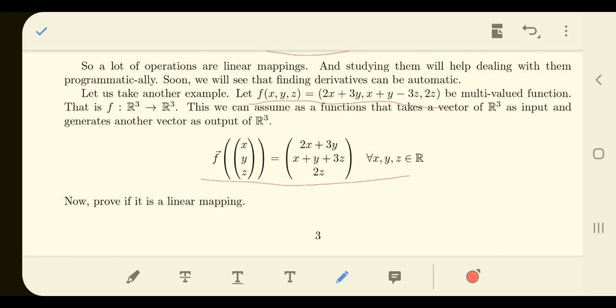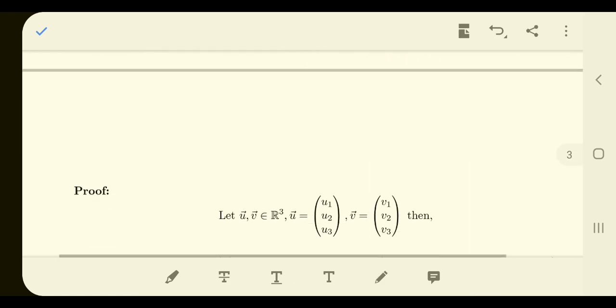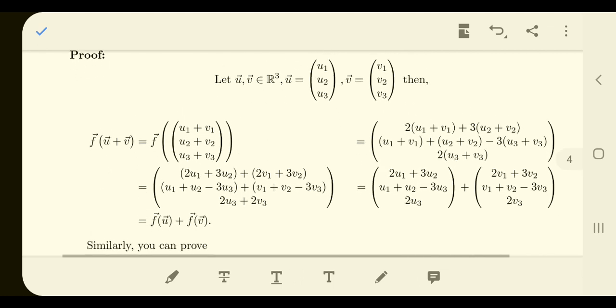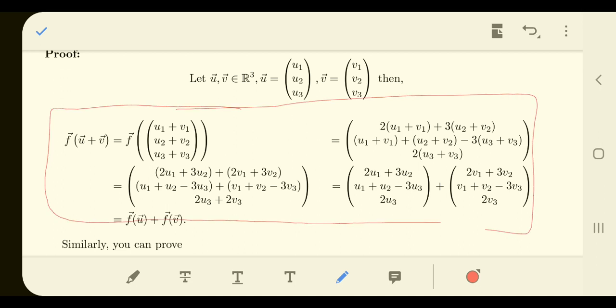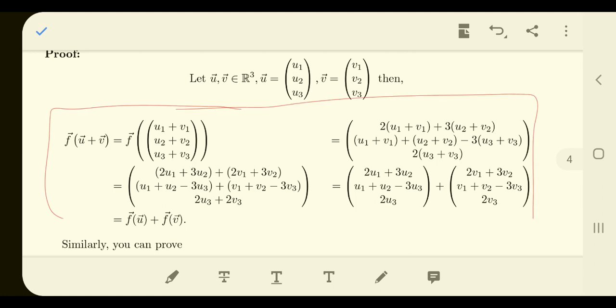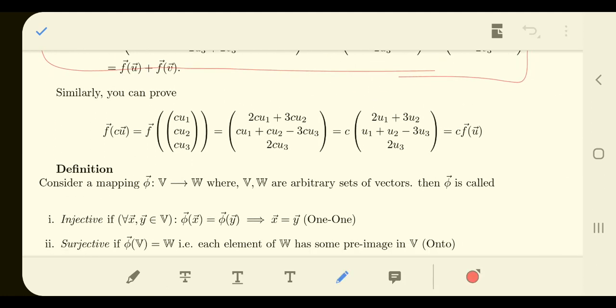So is it a linear mapping or not? Let us see. We'll prove both properties and we find that it is a linear mapping. If you check this particular proof, the first property is proved, and here the second property is also proved.